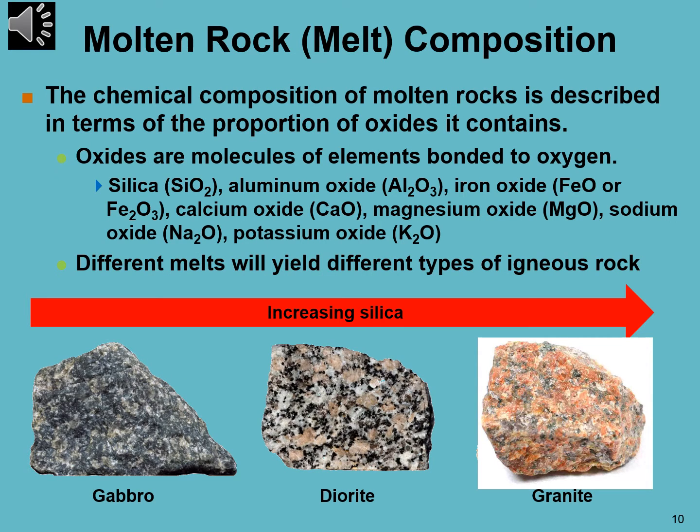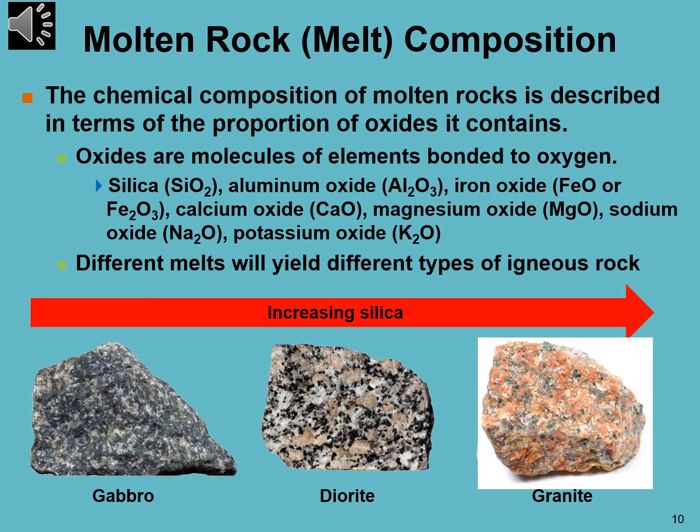Magma is a hot liquid consisting of many chemicals or elements. Geologists tend to describe the chemical composition of molten rocks in terms of the proportion of oxides it contains. An oxide in this context is a molecule consisting of an element bonded to oxygen.